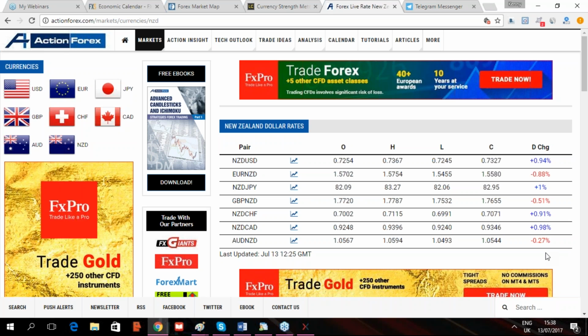So you can write a little note: NZD strong, USD weak, AUD strong as well, but not as strong as NZD. So when you get the trend idea in your mind, then you look for a bullish or bearish pattern that goes together with what you have just seen. Okay, so that's basically it.